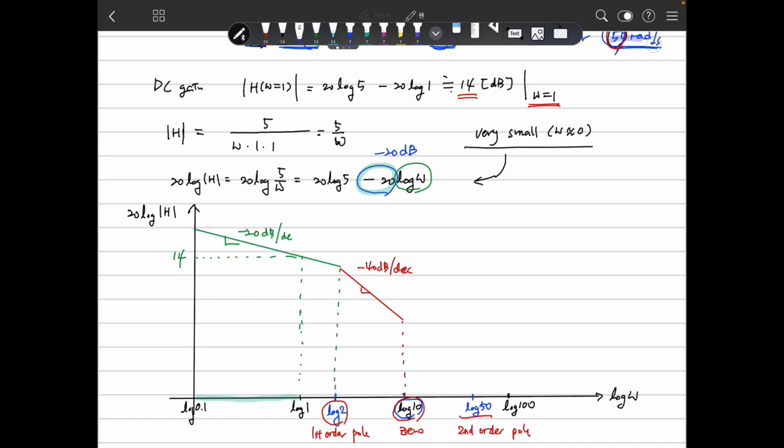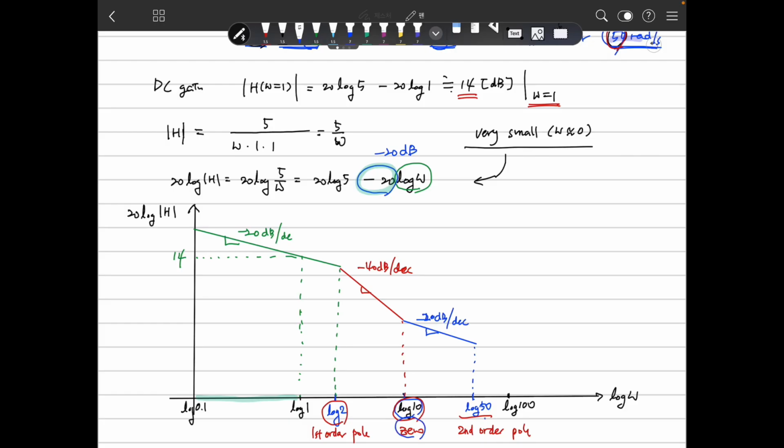So in this case, the increase continues until we meet the poles. There will be minus 20 dB per decade because of the zeros.